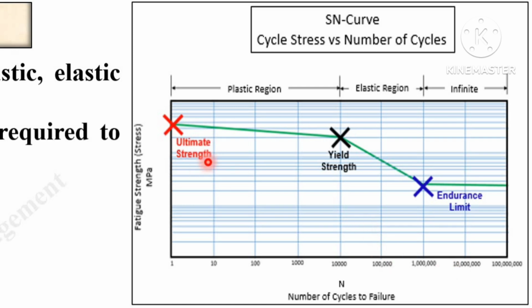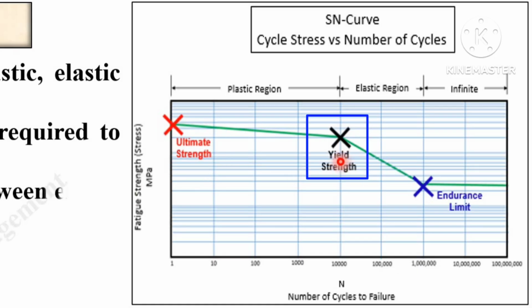Now what do you mean by ultimate stress? It is very simple: the stress level required to fail in one cycle. If you want to understand for one cycle only, then ultimate strength is in the picture.